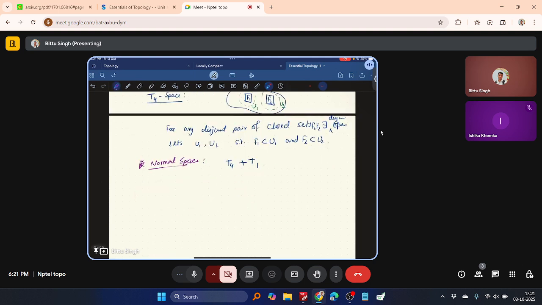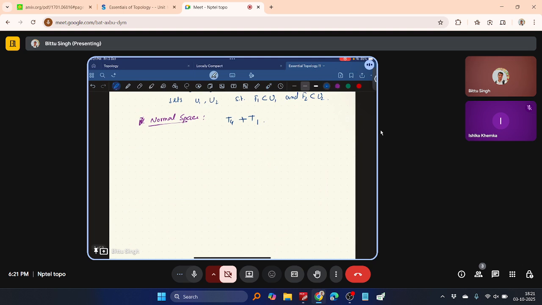When we write this kind of implication, normal implies regular, implies T2, T2 implies T1, and T1 implies T0. This is the direction of the implications.